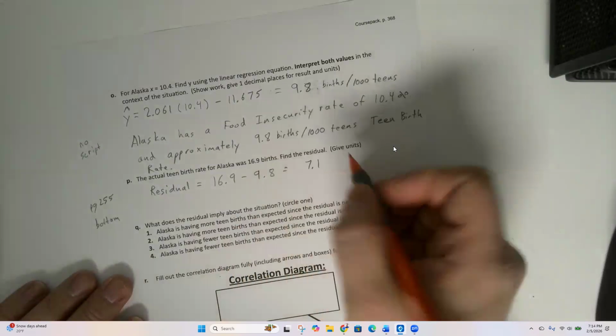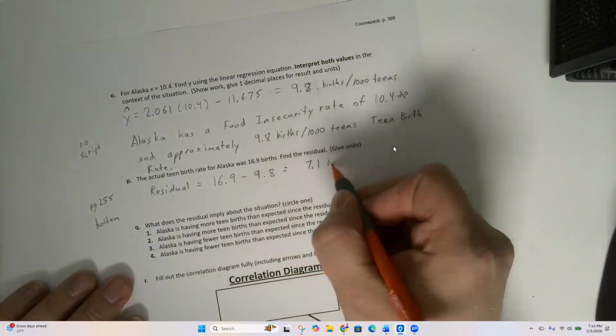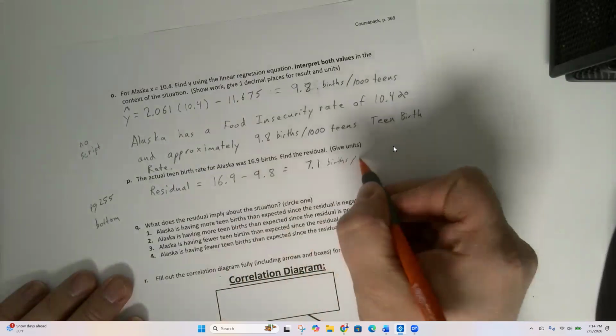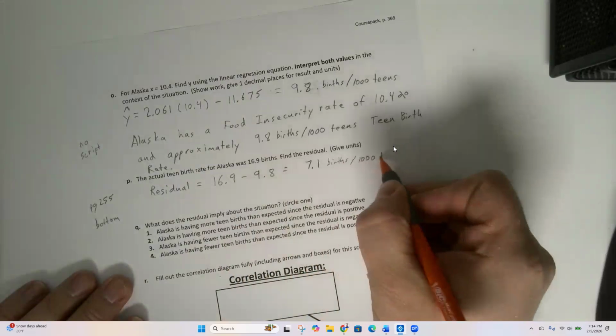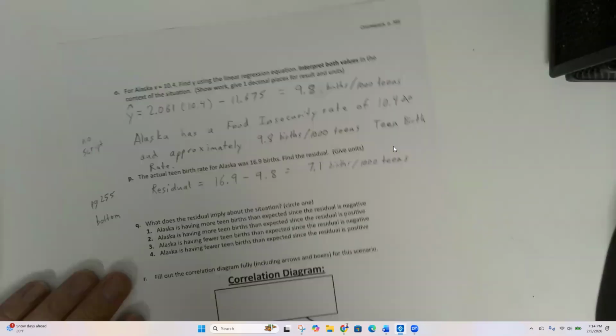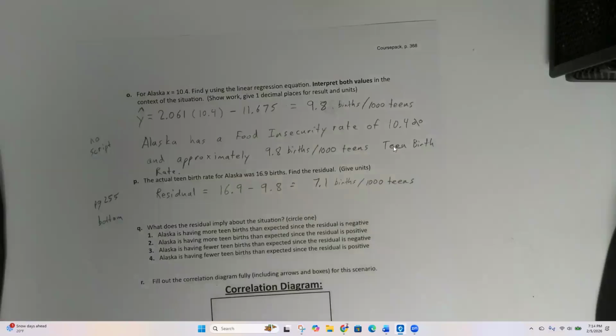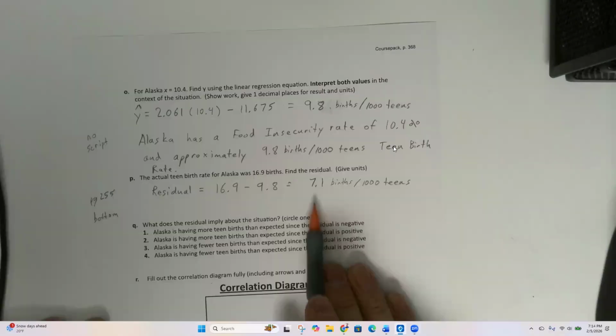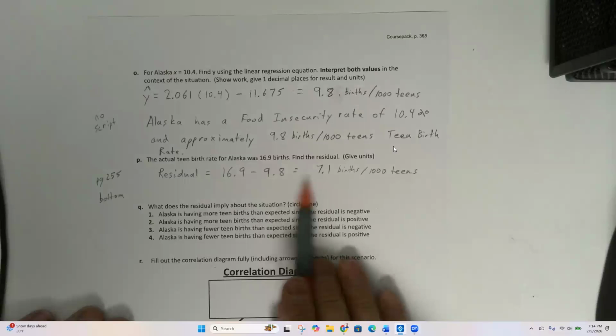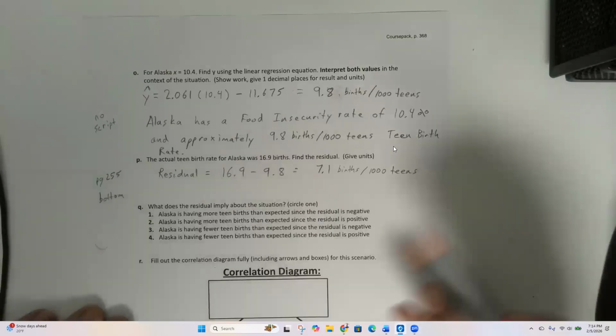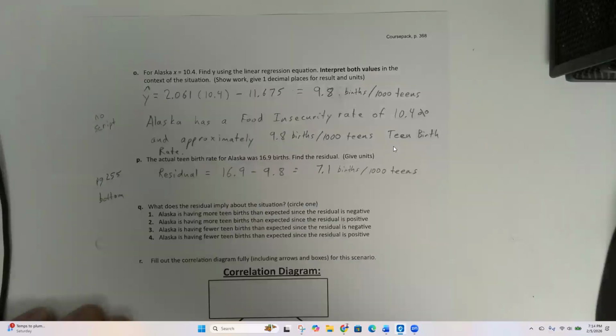Give units. Now, your residual could be positive or negative, depending on whether the dot is above the line or below the line. Okay.